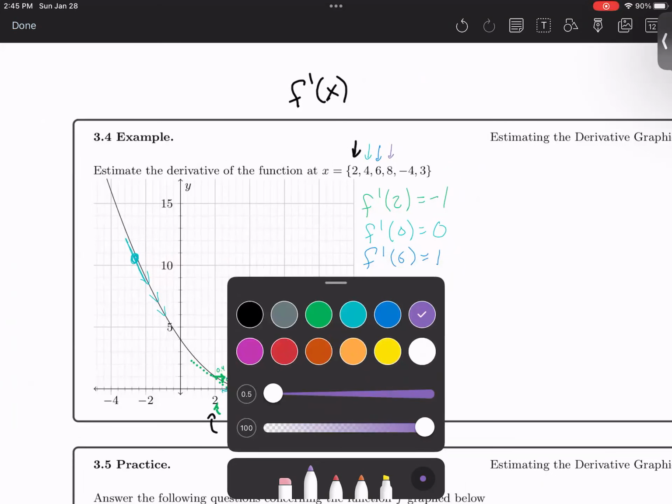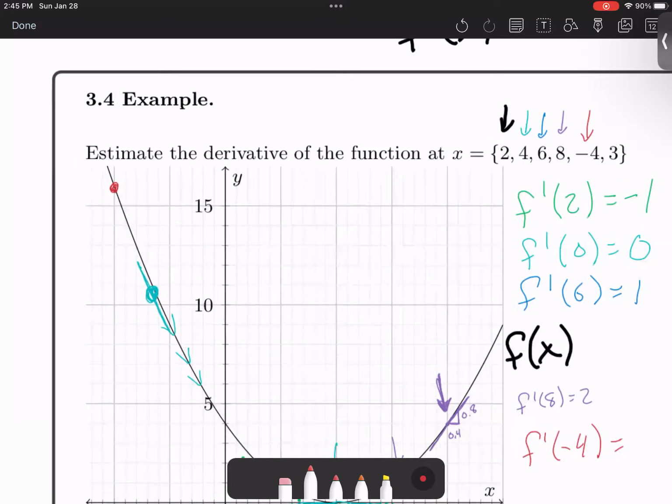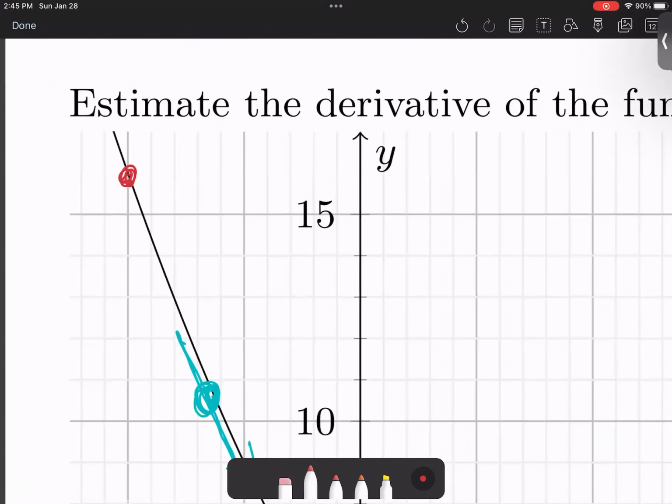All right, changing colors and moving on. -4. The value of the derivative at -4. So going over here at -4 and sketching a tangent line. So it's definitely decreasing. It's decreasing quite steeply.